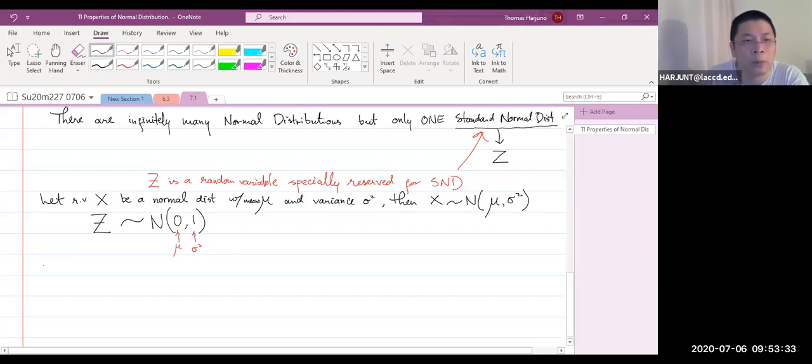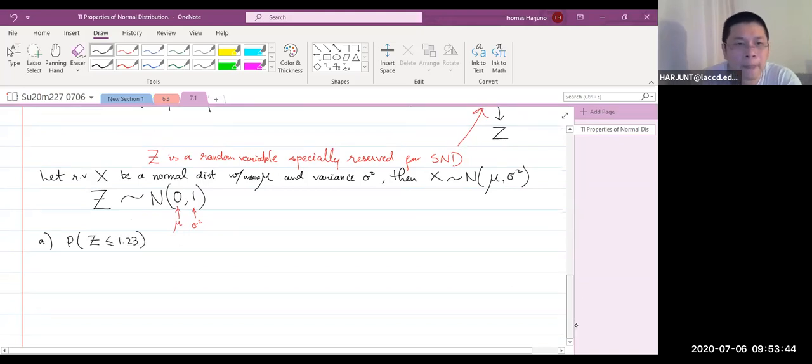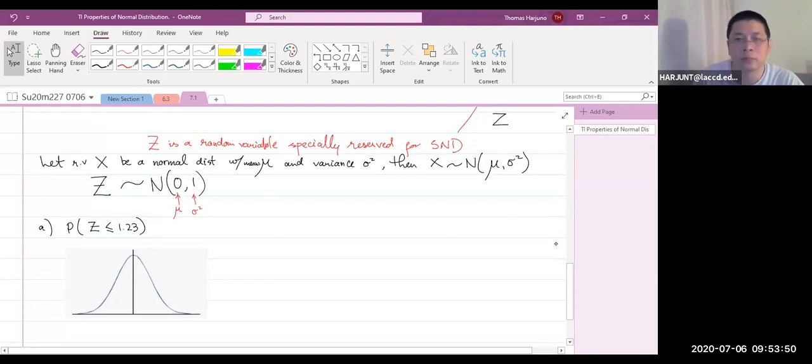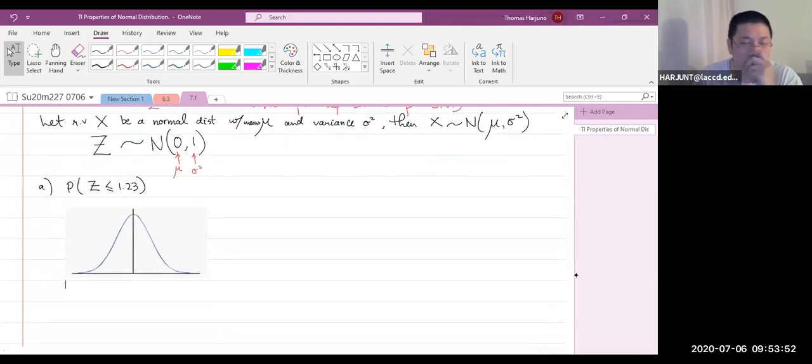So part A, let's say the probability that Z is less than or equal to 1.23, for example. What does that mean? Look at the normal distribution curve. The mean for the standard normal distribution is 0. Now, 1.23 is located to the right of that. Let's say it's here, 1.23.